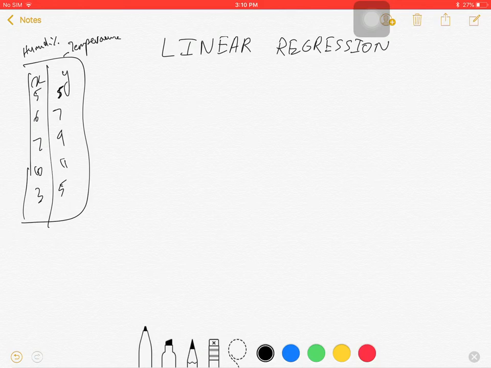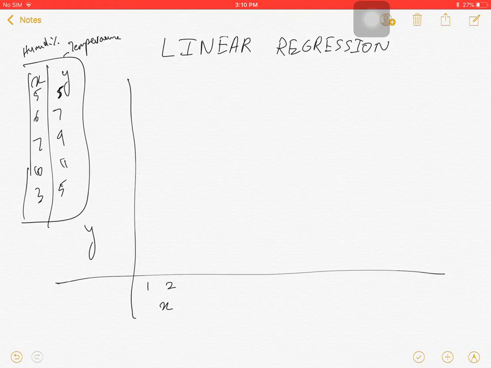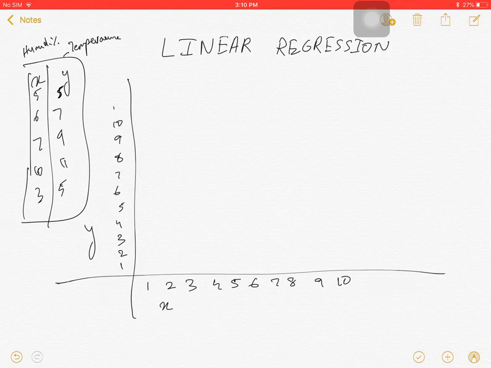Okay, so now let's plot this in a graph, where this is our x-axis and our y-axis. X goes 1 2 3 4 5 6 7 8 9 10, and Y goes 1 2 3 4 5 6 7 8 9 10 11 12.